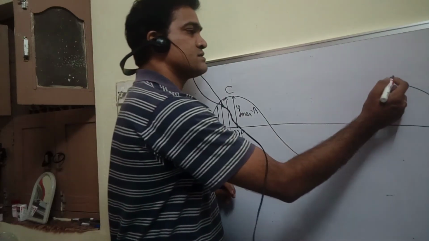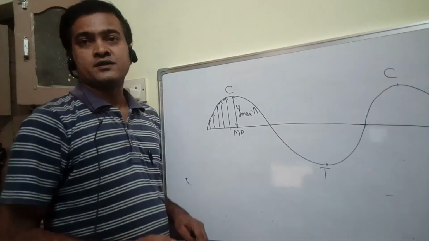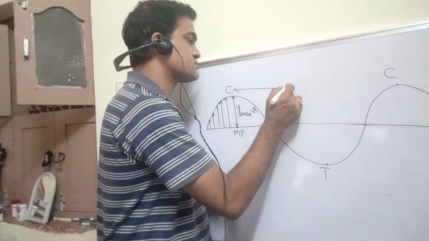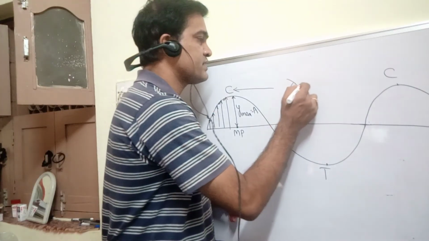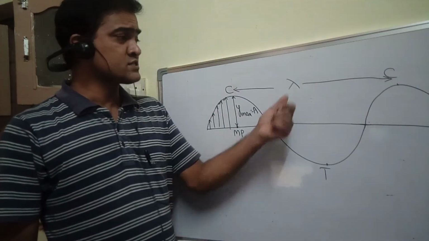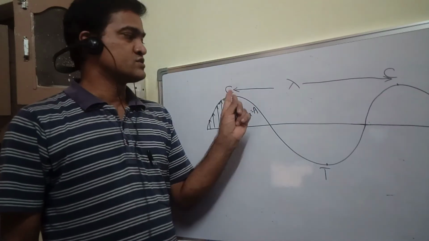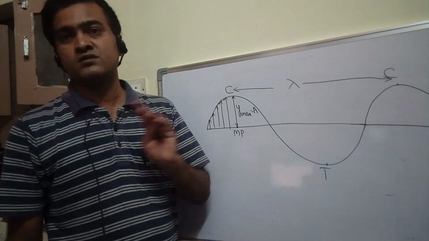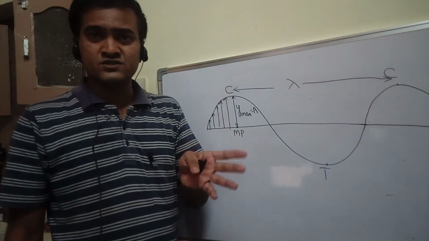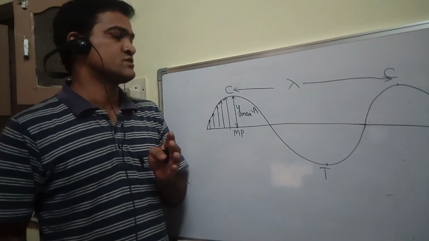So again if I take this point as a crest, the distance between two consecutive crests is defined as wavelength and is denoted with the letter lambda. This is the Greek letter lambda we use for wavelength. The distance between two consecutive crests is called wavelength, or you can define it the other way, the distance between two consecutive troughs is also called wavelength.